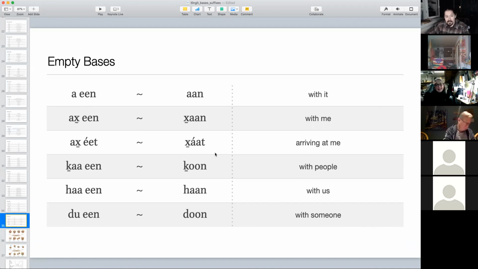Khan, Khat, Kun. Han and Dune, I just don't see them. It's possible, but I just don't see them. I haven't encountered them in any of the literature I've looked at, or I haven't heard people use them. Okay, good stuff.